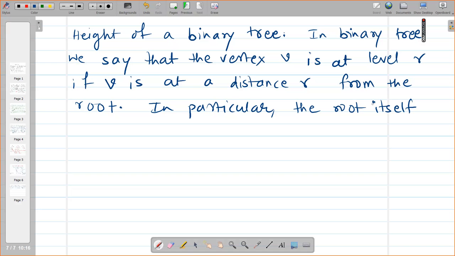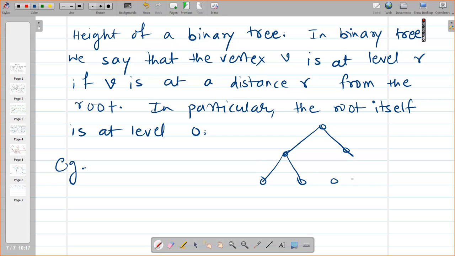The distance to the root is obviously 0, right? The root itself is at level 0. Okay. For example, if I draw a binary tree, then this is the root.